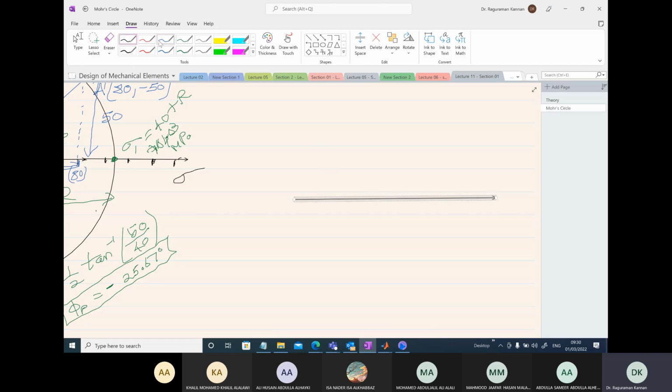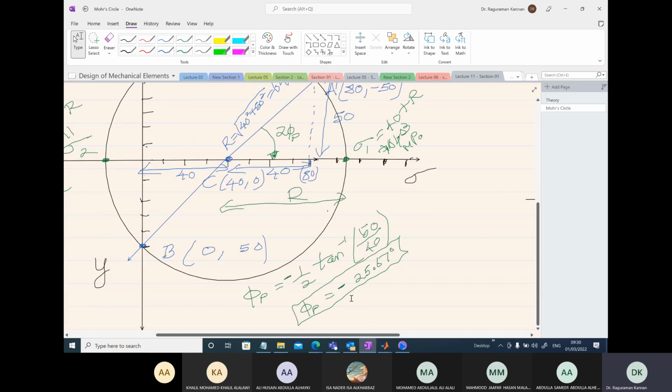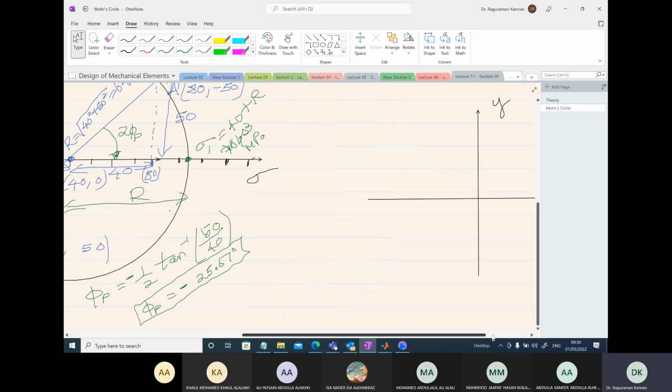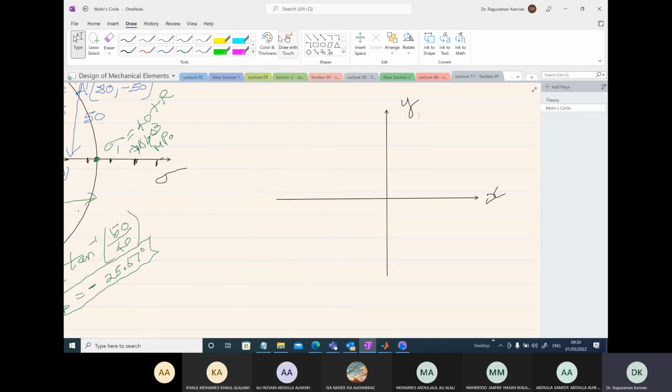The x and y axis are going to be this particular axis, the x, y. We need the principal stress direction. The principal stress direction is negative 25.67 degrees with respect to the x-axis. So let me draw it in that direction. From origin, negative in the clockwise direction.